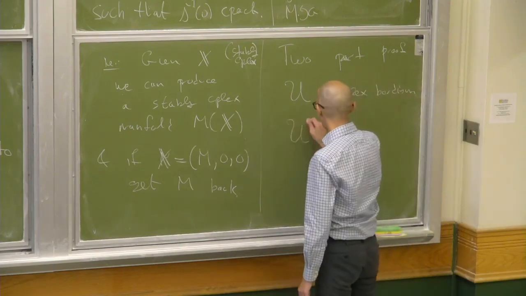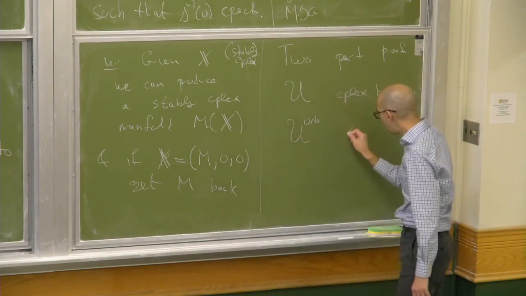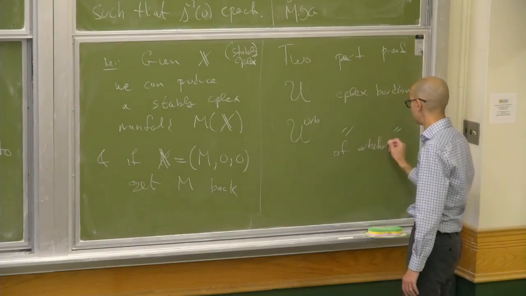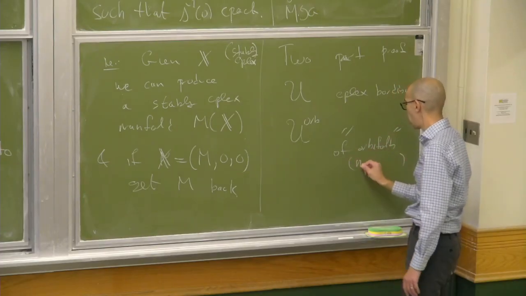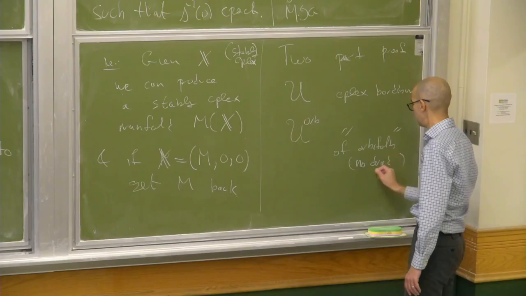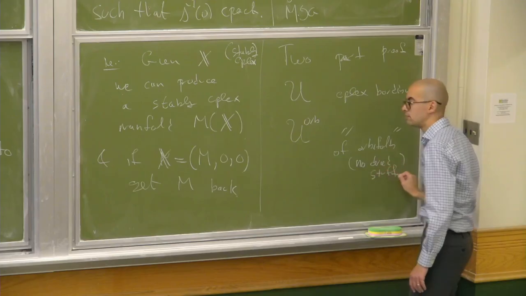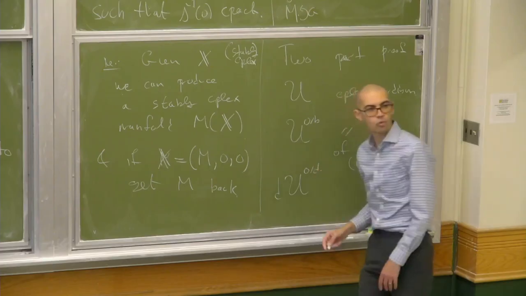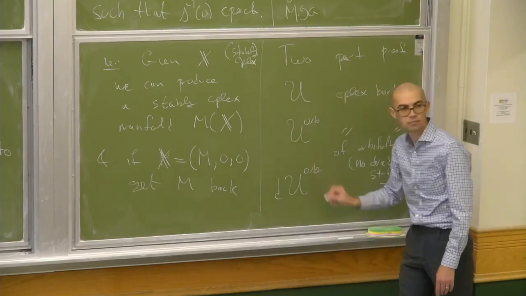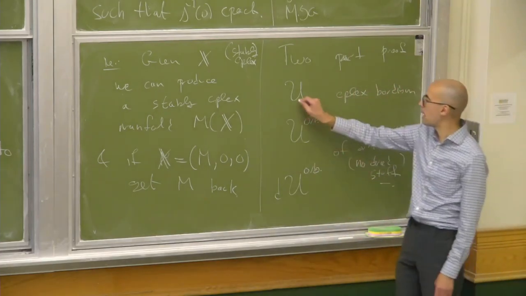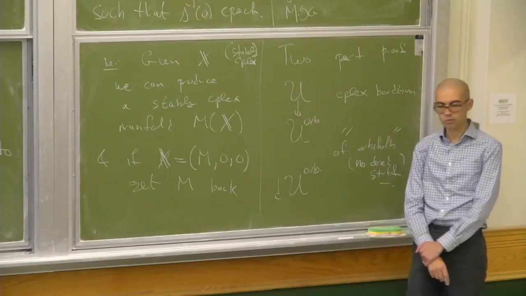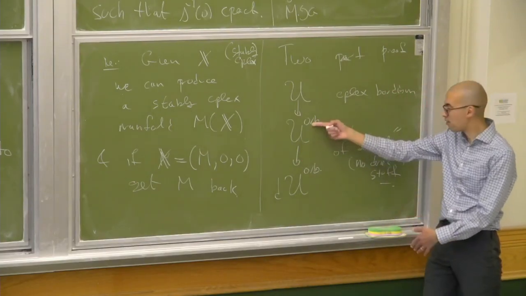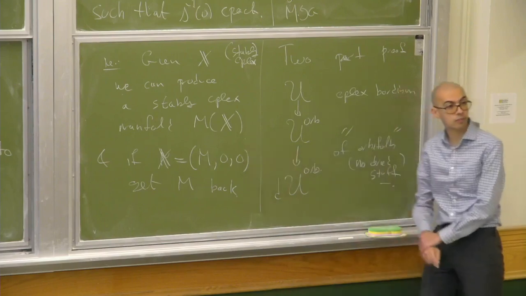I'm going to write U orb for complex bordism of orbifolds, without this derived stuff. No derived stuff. And I'm going to write U derived orbifolds for what we've been talking about. And there's an obvious map. Every complex manifold is a complex orbifold, and everything here is compact. Every orbifold is a derived orbifold with a trivial vector bundle.